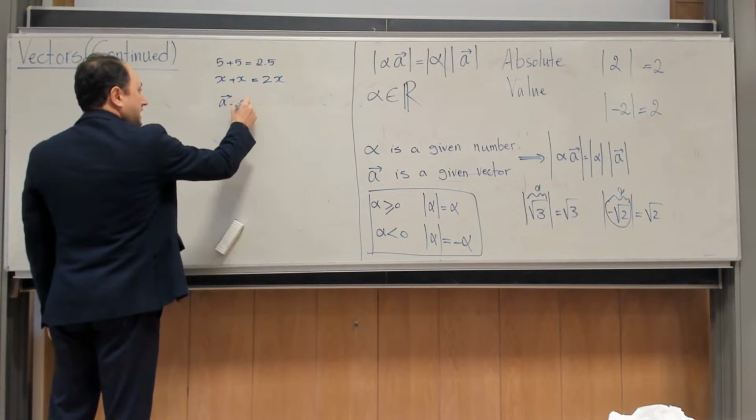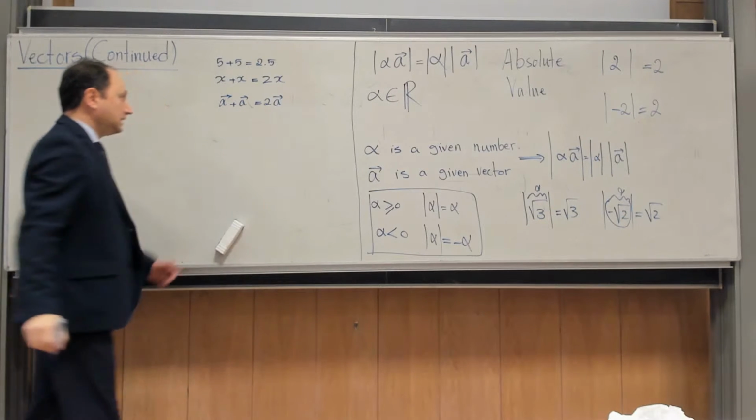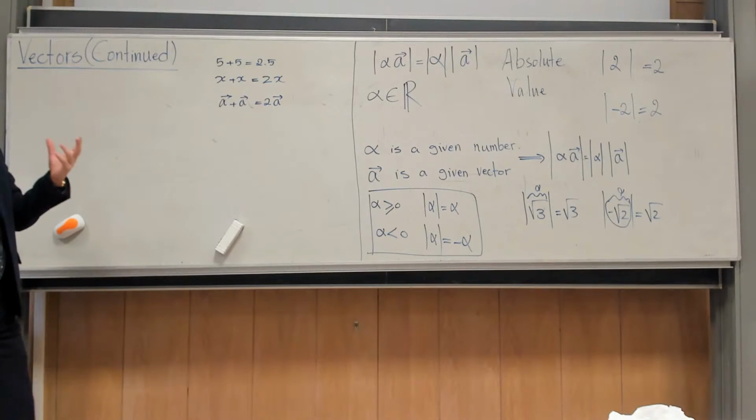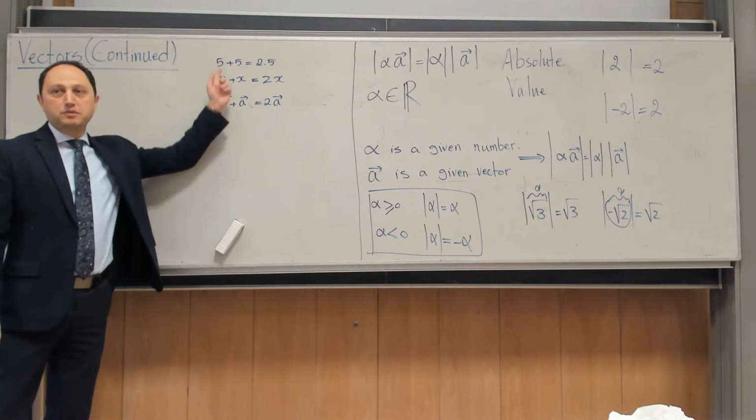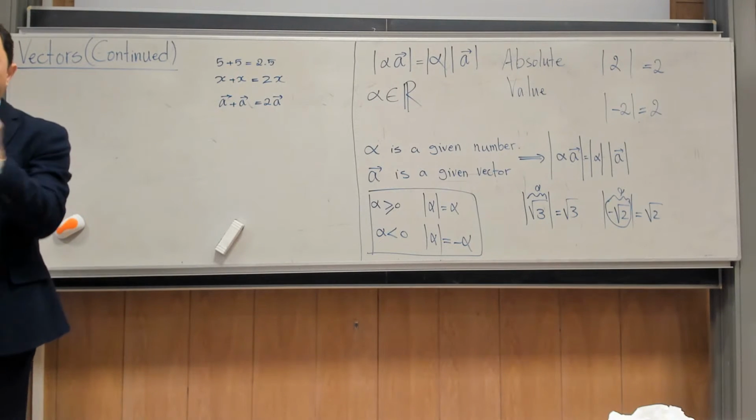But what Nicholas actually asked is deeper. Is a plus a equal to 2a? This is not as trivial as before, even though it is true again, there is a why for it.